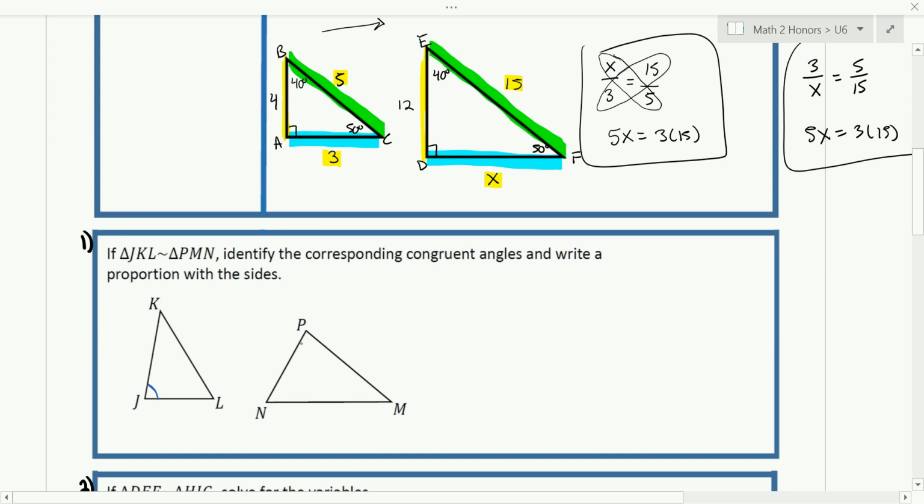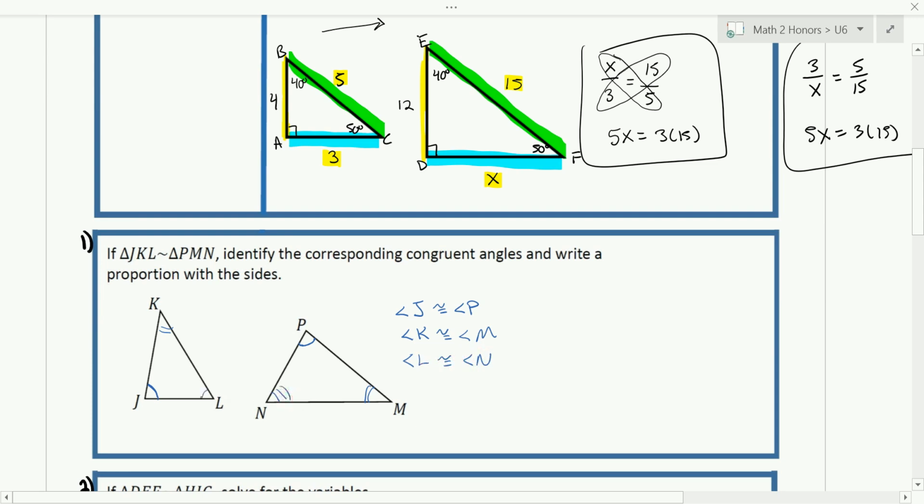Angle P. Okay, they're not oriented the same way, but those are both the first letters, and so we could say angle J is congruent to angle P. Angle K would be congruent to which one? M, because those are both the second letters in the similarity statement. And then angle L would be congruent to angle N.